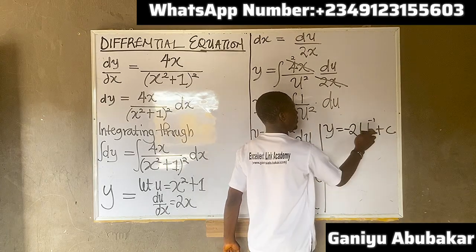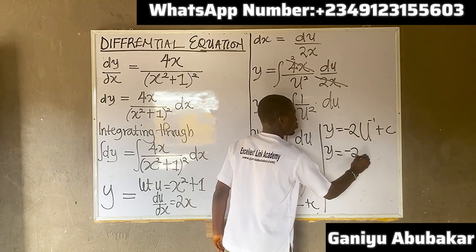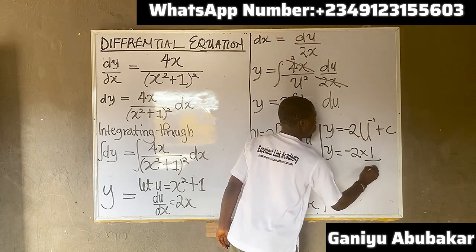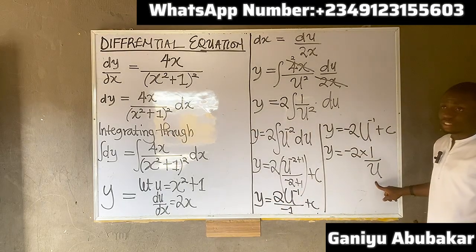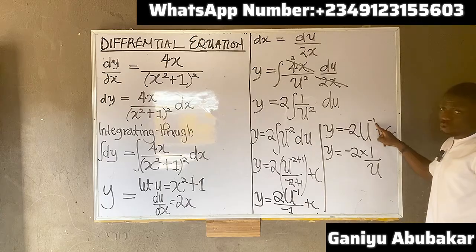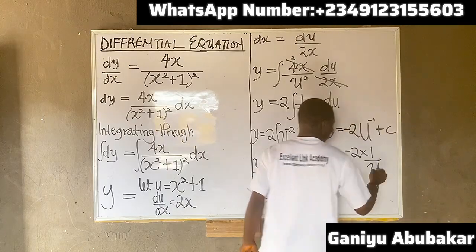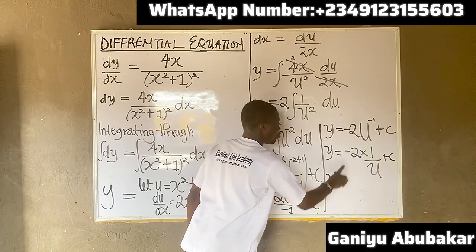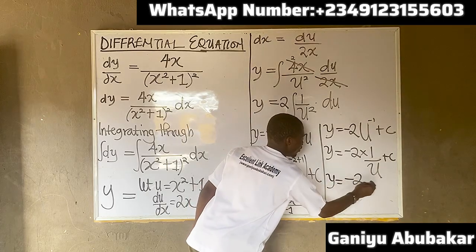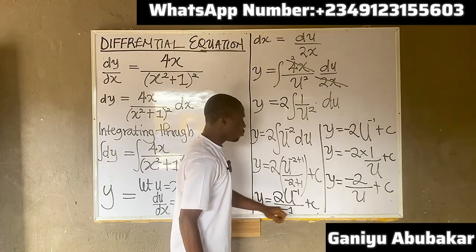If I apply indices here, u to the power minus 1 can be written as y equals minus 2 times 1 over u. 1 over u can be written as u to the power minus 1 from indices, right? So these two are comparable. So plus c here. That gives you y is equal to minus 2 over this u, of course, plus c.